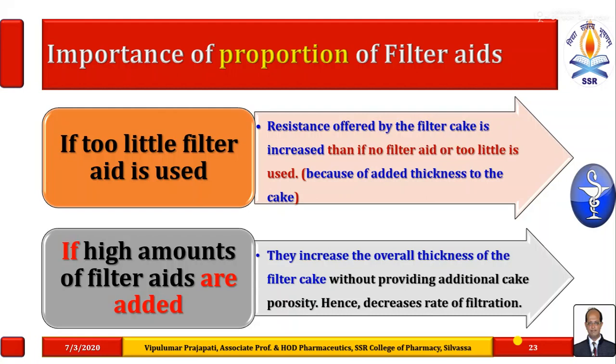If high amounts of filter aids are incorporated in the slurry to be filtered, what happens?